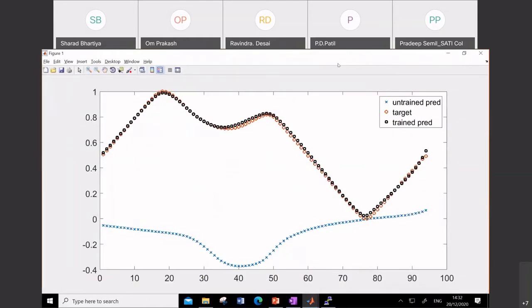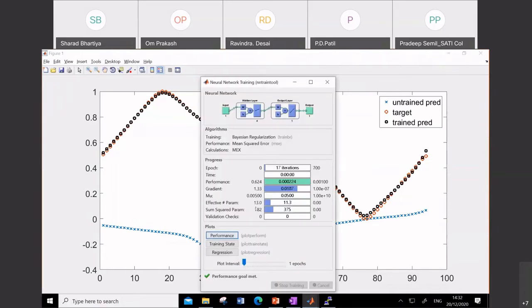But of course, with 4 neurons, you will have 12 parameters, okay, in this problem. And so you have increased your effective number of parameters, or maybe it's 13. And so instead of 8 effective parameters, it is now using 11.3 effective parameters. In the previous case, with 3 neurons, there were only 8 point some effective number of parameters.